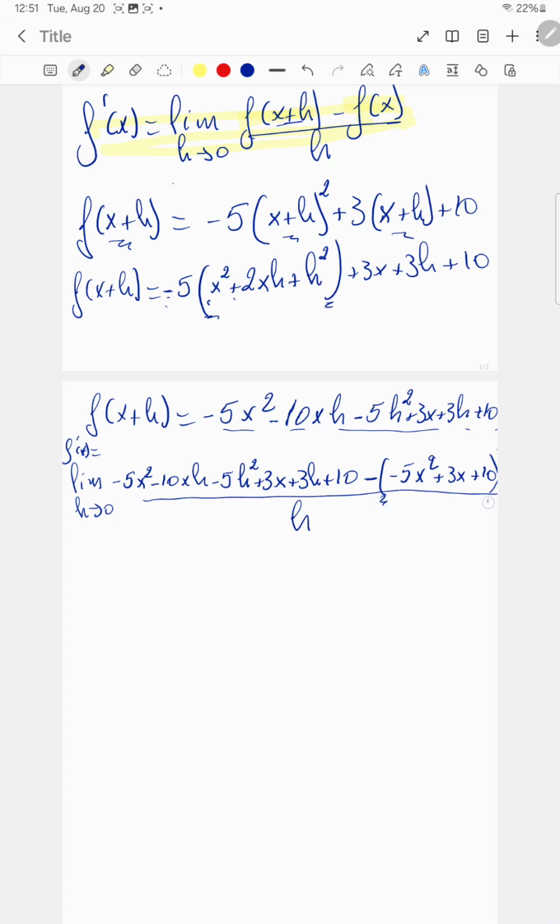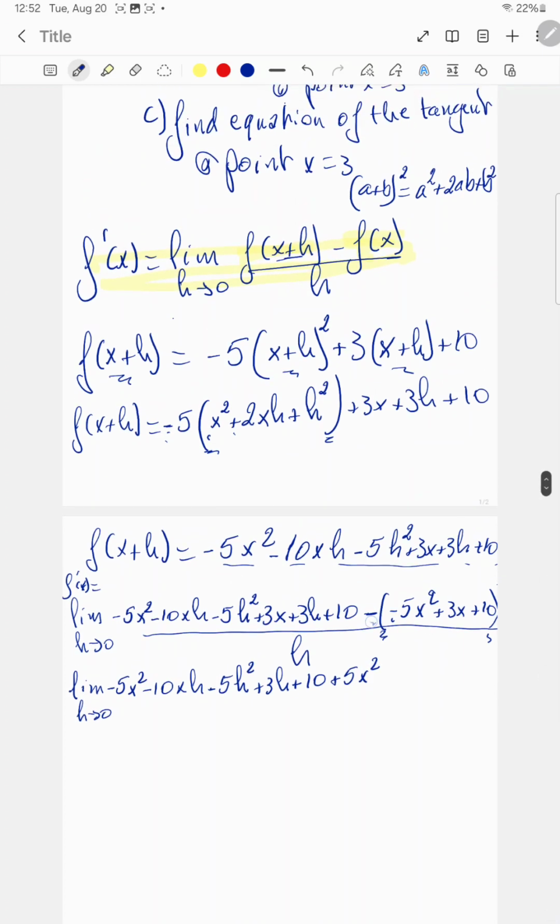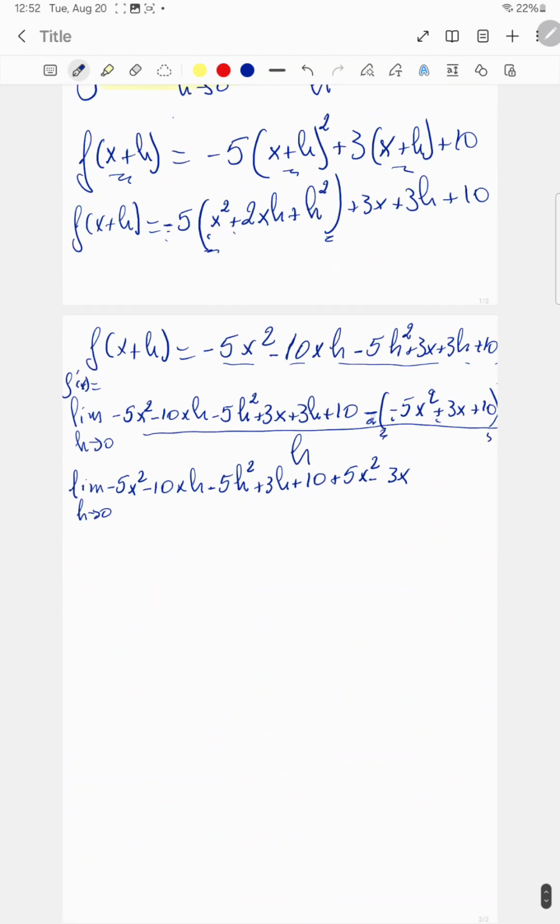Now let's get rid of these parentheses. So it is equal to the limit when h goes to 0 of minus 5x squared minus 10xh minus 5h squared plus 3x plus 3h plus 10, and here minus times minus is plus 5x squared, and minus times plus is minus 3x, and minus times plus is minus 10, and all that divided by h.